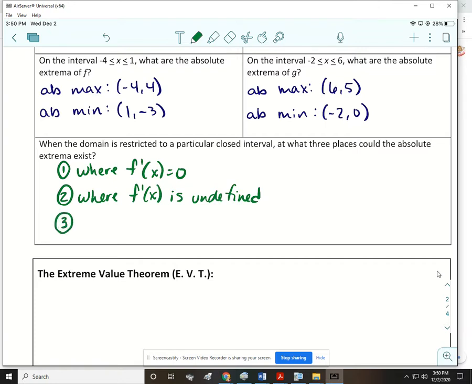And then the last place is what people forget about, but don't forget about it, that those absolute extrema also occur at the endpoints of the interval. Okay, so don't forget about the endpoints. We always want to check those when we're looking for absolute extrema.